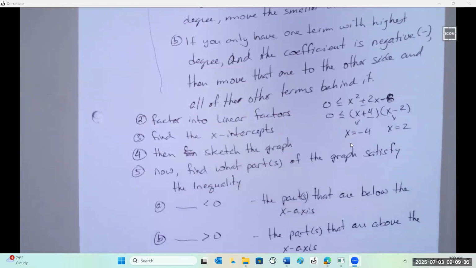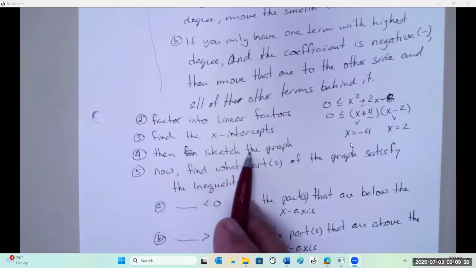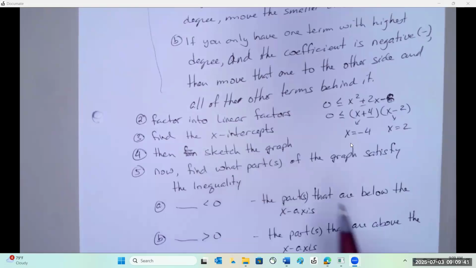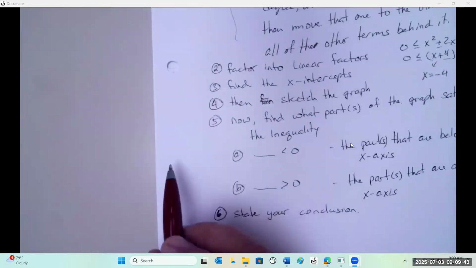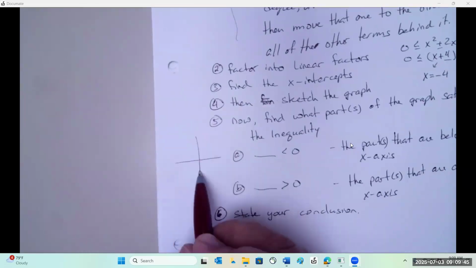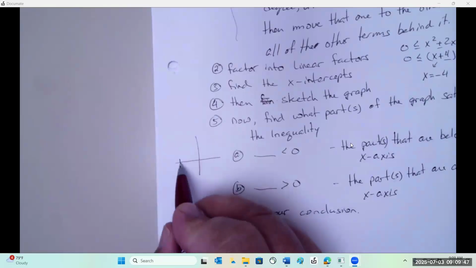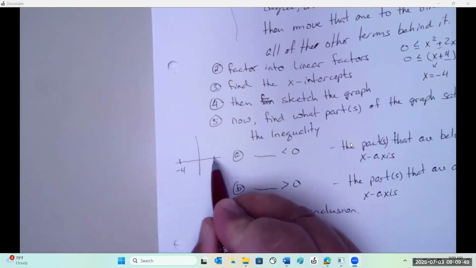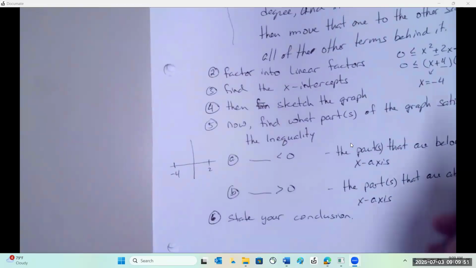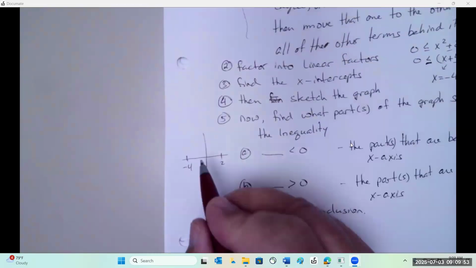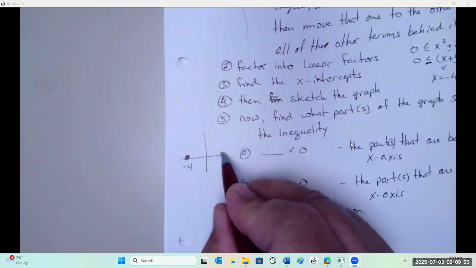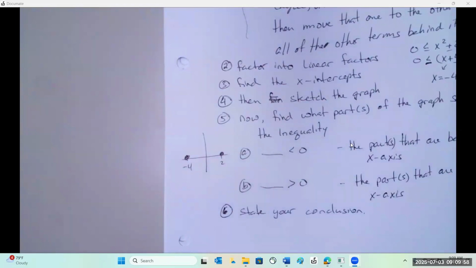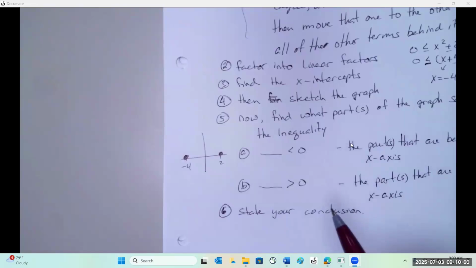So that's that one. The next one says sketch the graph. We know our intercepts are at negative 4 and at positive 2. Since it's an equal sign in there, they're solid. We can include those values. Sketch the graph.